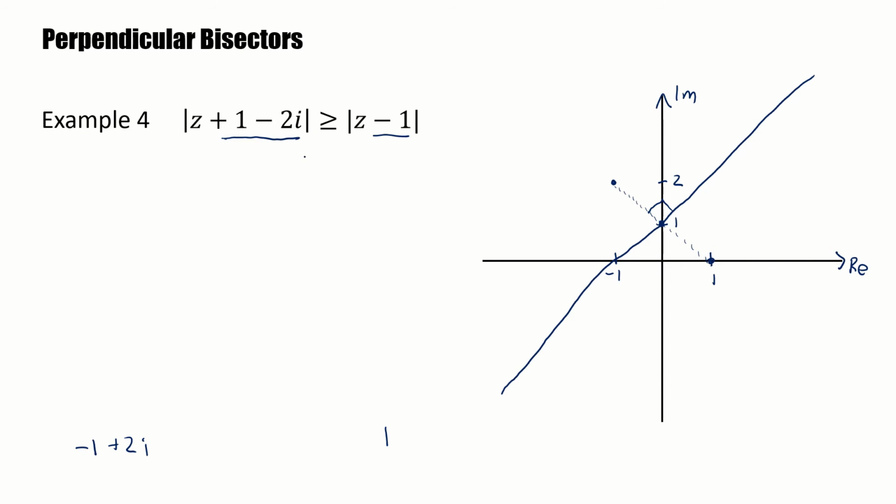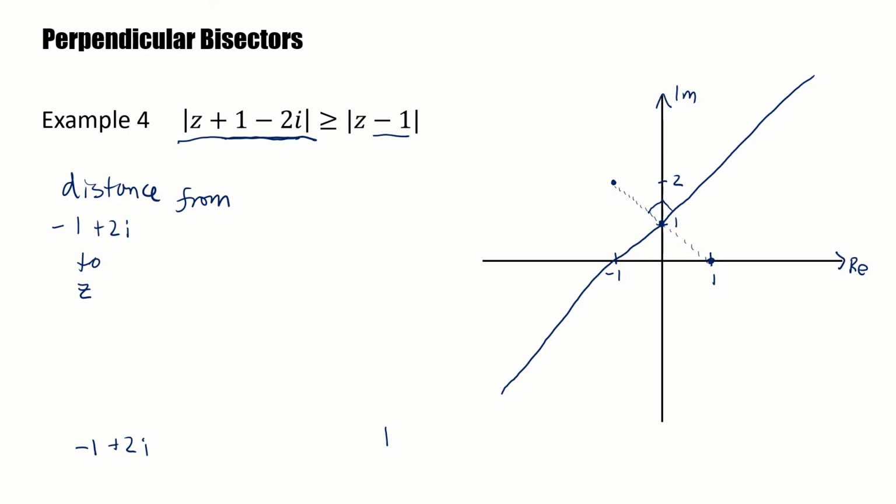But to know where to shade, it all goes back to understanding why this type of loci looked like a perpendicular bisector in the first place. A reminder that it all comes from the fact that this left-hand side means the distance, because of the modulus, from the complex number we did the dot for before, so from -1 plus 2i, to the point z.